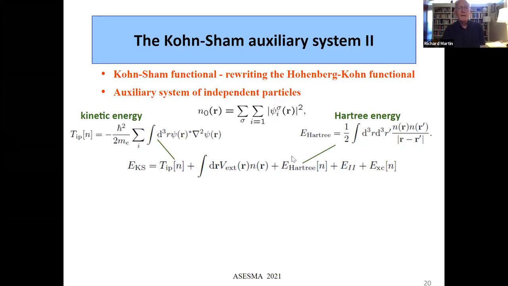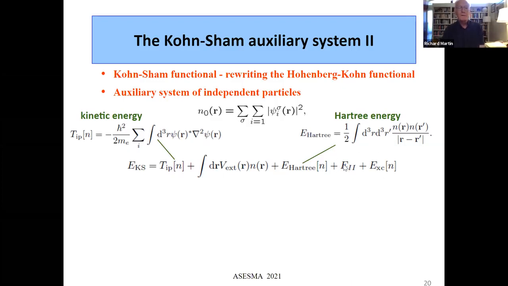The interaction term has now been divided into a Hartree term, which is nothing more than the energy as if the electrons were just a smeared continuum of density called n. And that's an example of a functional of the density that you can write out very explicitly. It's just the Coulomb integral of the product of the densities at two points.